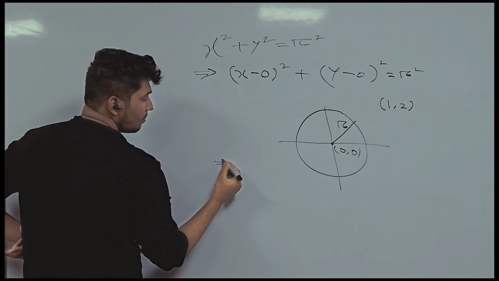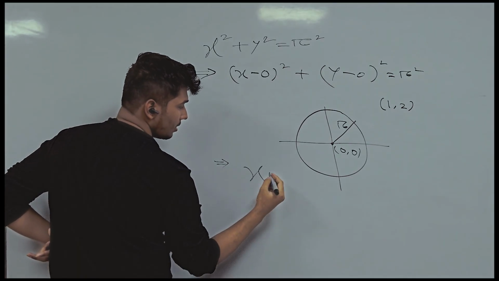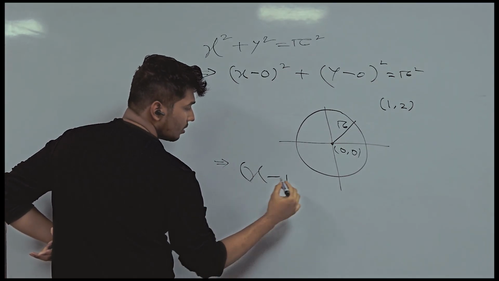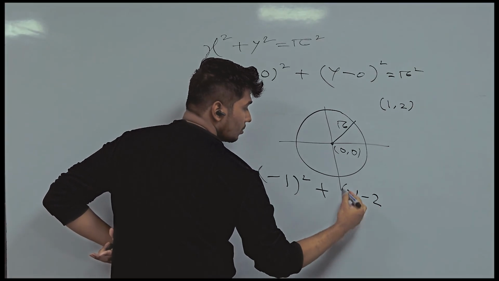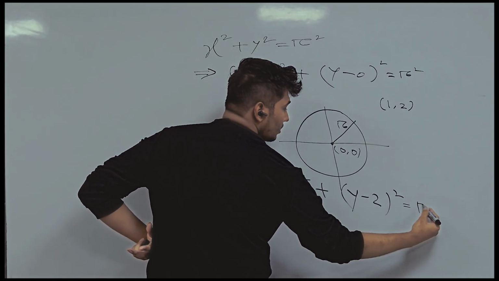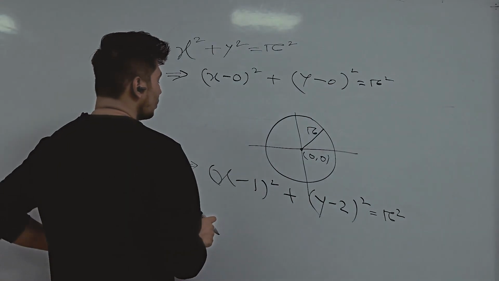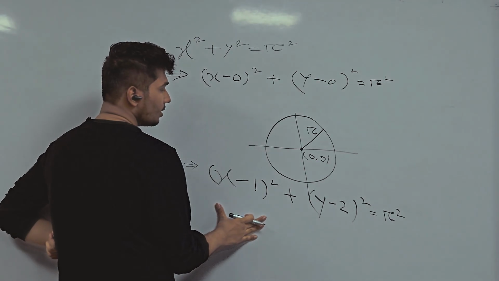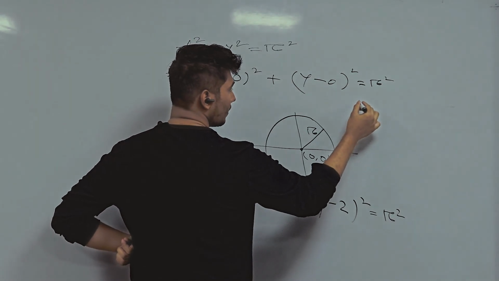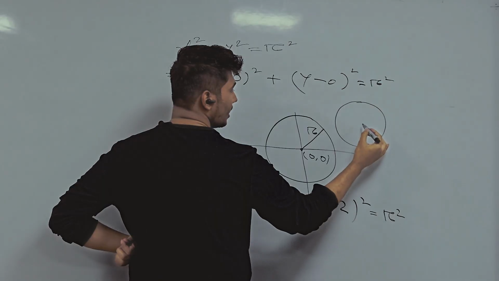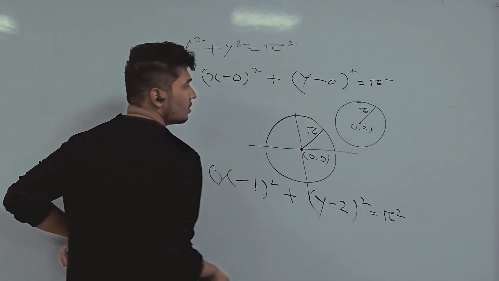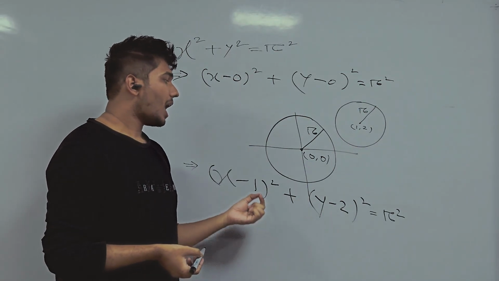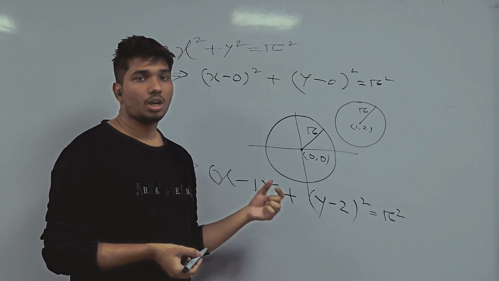So the equation will be x minus 1 whole square plus y minus 2 whole square is equal to r square, right? For this second equation, we are getting the graph of another circle whose center is at (1, 2) and whose radius is r. So we learned how we can shift the center of a circle.